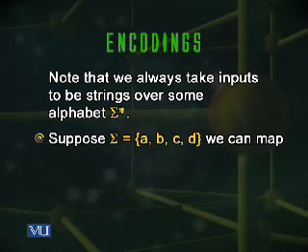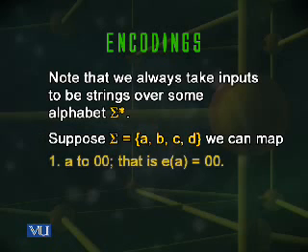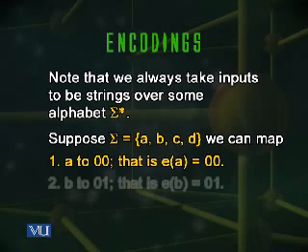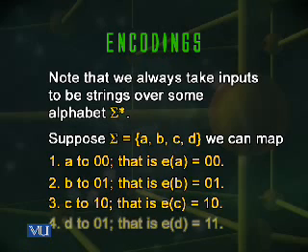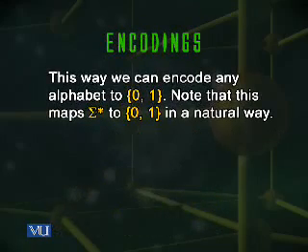Well, what can we do? We can agree that we will map A to 00. That means we will encode the symbol A in sigma as 00, B as 01, C as 10, and D as 11. In this way, we can encode any alphabet into the alphabet {0, 1}.